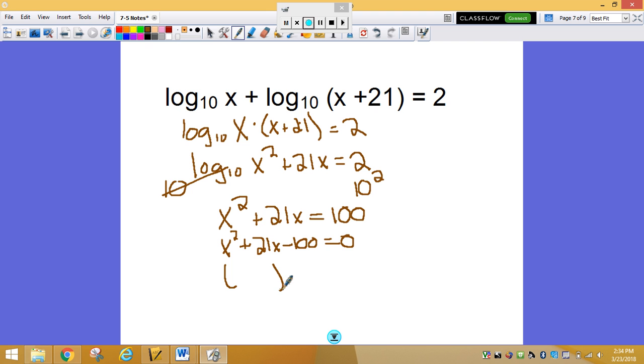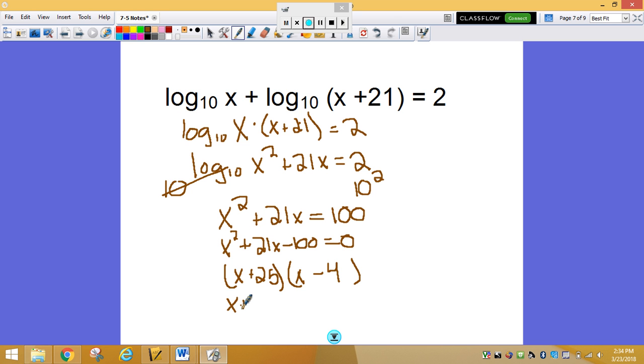We've got to factor it down. x and x. You've got to figure out what will multiply to give you negative 100 and add to give you 21. It ends up being a positive 25 and a negative 4. Just to prove it, 25 times negative 4 is negative 100, and 25 plus negative 4 is 21.